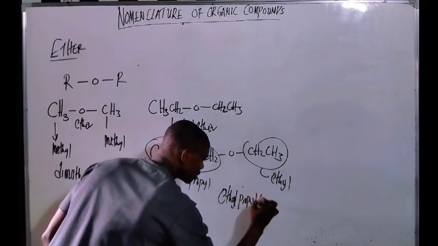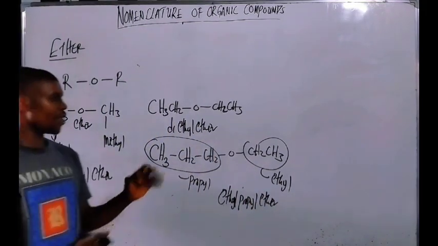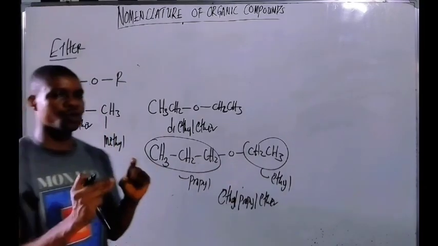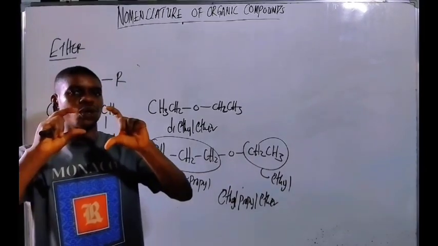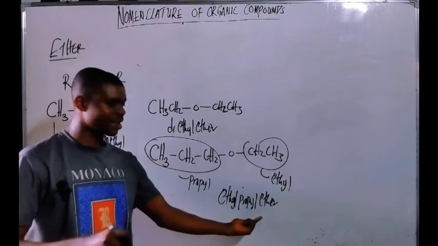As easy as that. If you want to name it like this, you just identify the two alkyl groups, arrange them alphabetically, and put ether at the end.